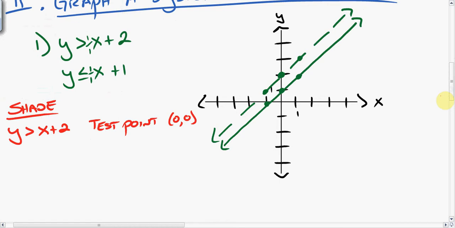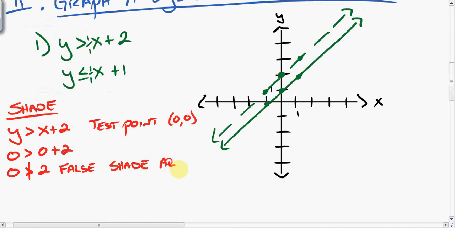So I'm going to plug in the value of y, which is 0, and the value of x, which is 0, and I'll simplify. So I've got 0 is greater than 2. Is 0 greater than 2? No, well, that's false. So what happens when you have a false inequality, a false statement? Well, you are going to shade away from your test point.